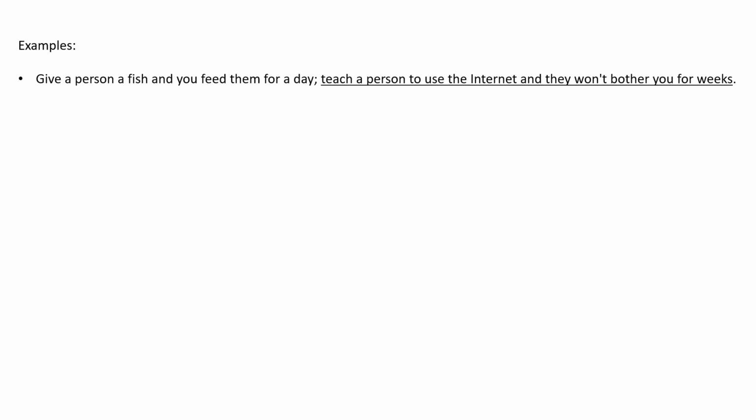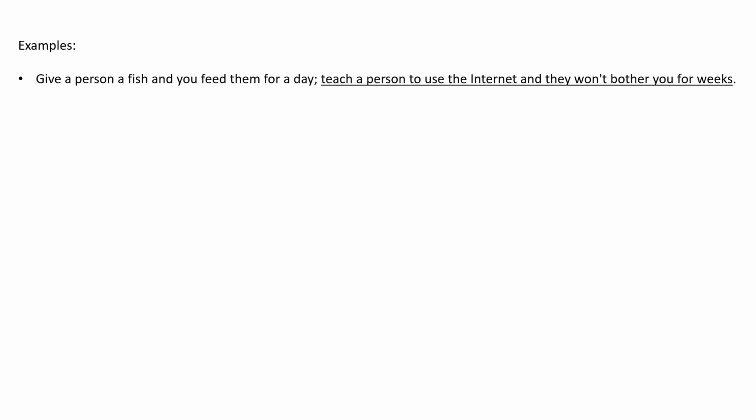The first one. Give a person a fish and you feed them for a day. Teach a person to use the internet and they won't bother you for weeks. Here, the first part of the sentence is offering help to someone.